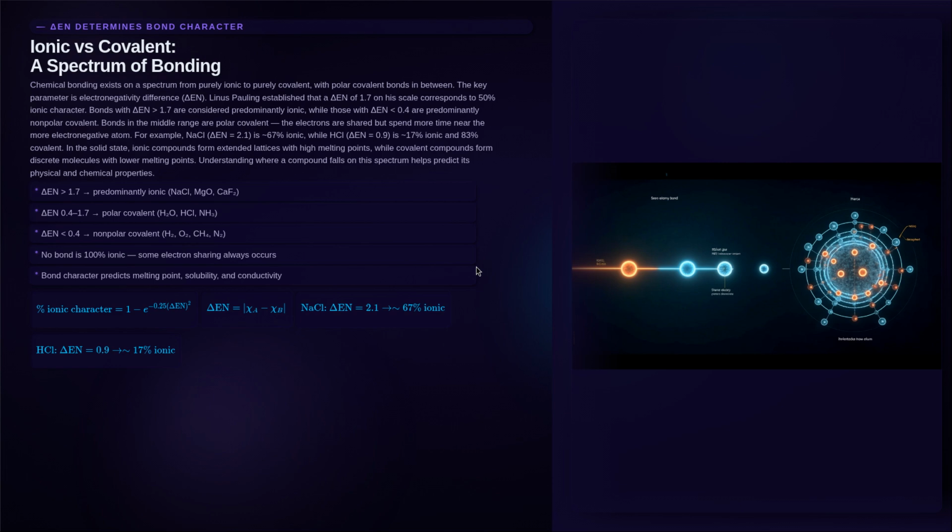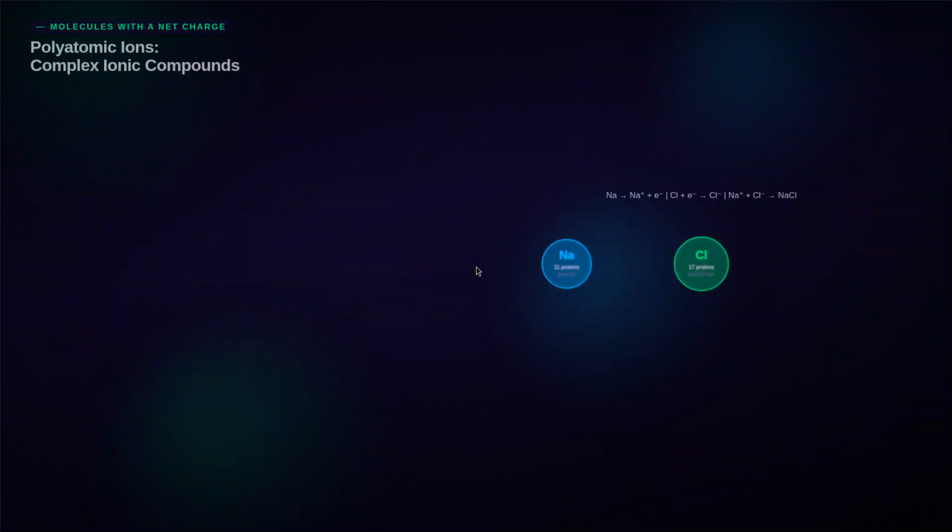Bonds in the middle range are polar covalent, where electrons are shared but spend more time near the more electronegative atom. For example, NaCl with delta EN of 2.1 is about 67% ionic, while HCl with delta EN of 0.9 is about 17% ionic and 83% covalent.